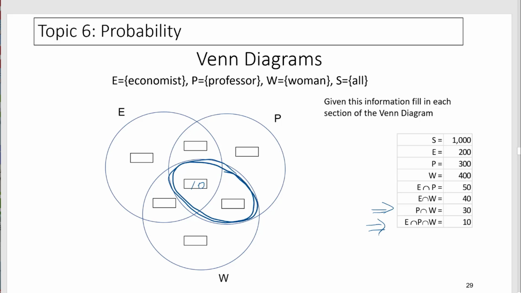So in order to get what's just in this box right here, I would have to say 30 minus the 10, so the answer here would be 20. And I would do that for each of these intersections. And then for P, when I just want to say professors, this many of the 300 will already be taken, so I have to take 300 minus each of those separate pieces. That's when you have to take into account that there was something in the intersection. So you can finish the rest of that problem.